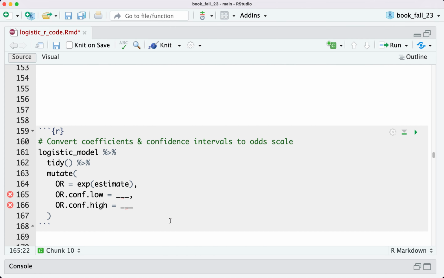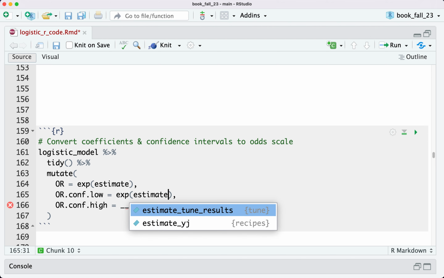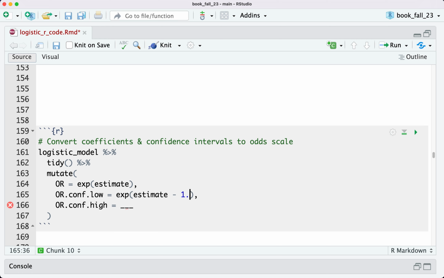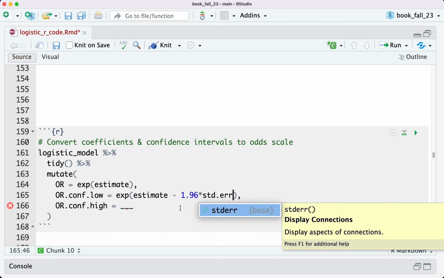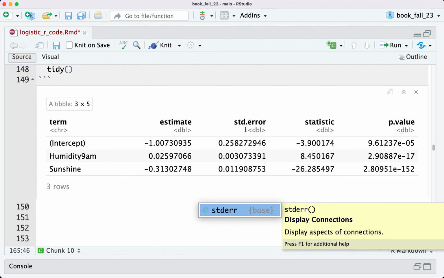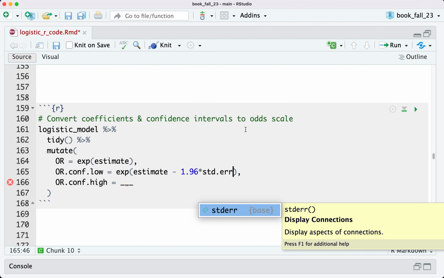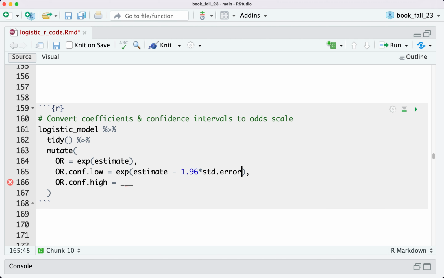So to get the lower end of the confidence interval for our odds coefficients, we can exponentiate the estimate minus roughly 2 times the standard error column. And how is that labeled here? std.error. Okay. So I'm taking my estimates and subtracting roughly 2 standard errors, but then exponentiating it.